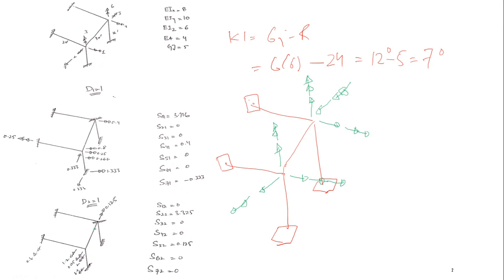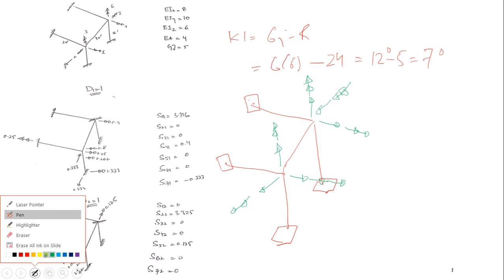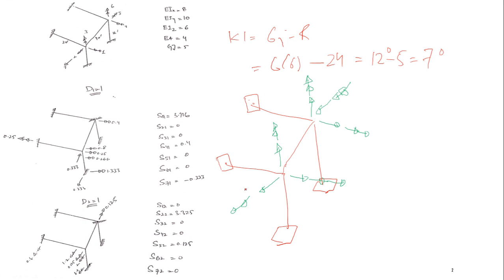But as we are ignoring the axial deformation, the members are axially quite stiff, so they can resist the axial deformation. So for this column, this would be the axial deformation. For this beam, this would be the axial deformation. For this column, the axial deformation is this. For this beam, the axial deformation is this.